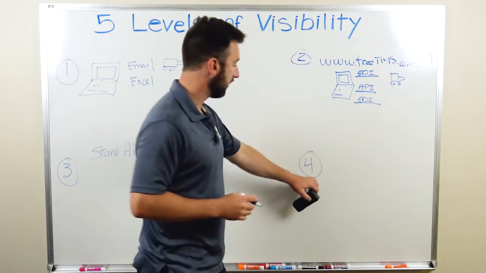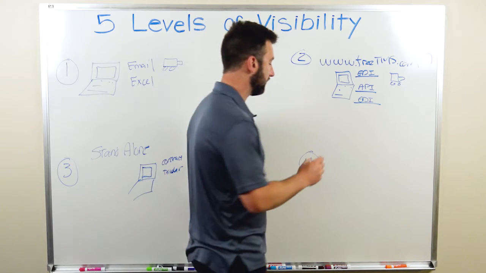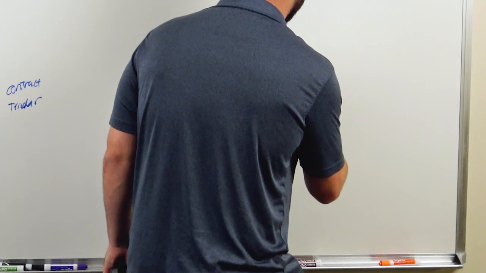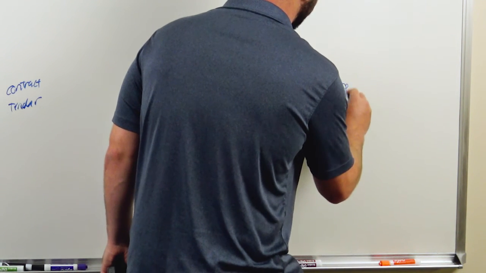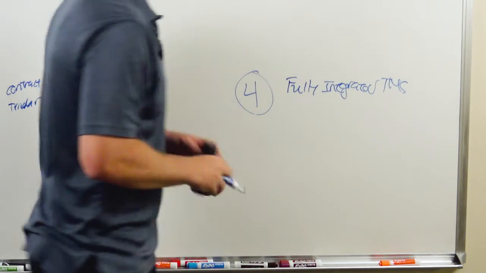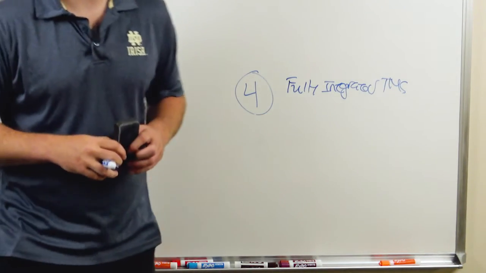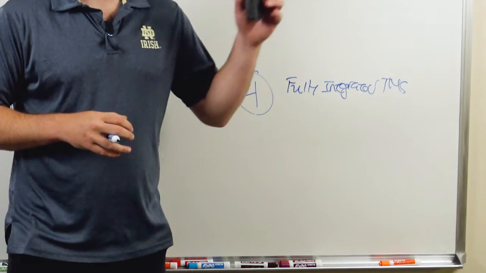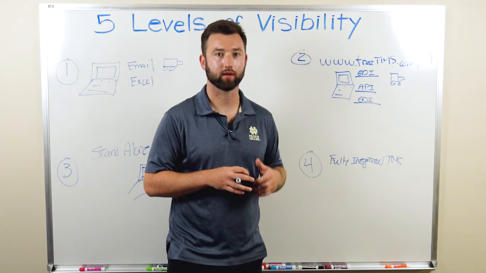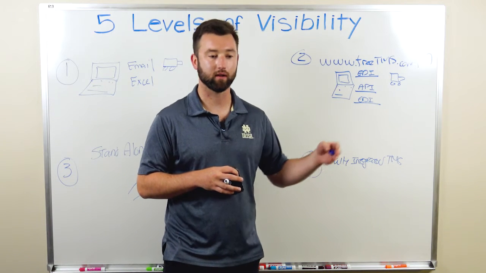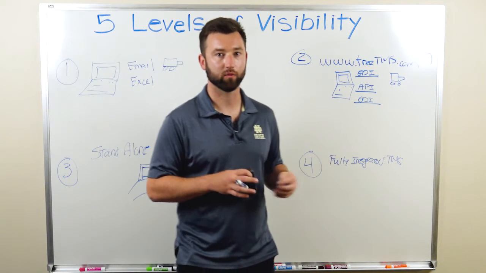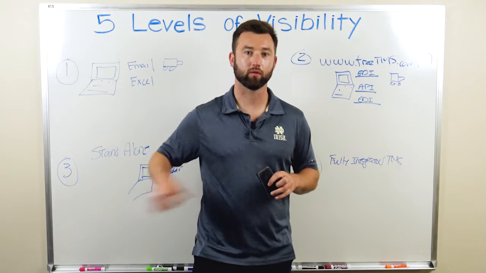So the fourth version of TMS is what we call a fully integrated TMS. And so in this scenario, what you typically have is a TMS with broad integrations with your carriers, you have your contracts, you have the ability to tender, you can receive invoices in the TMS, but really it's a standalone TMS, almost like version 3.